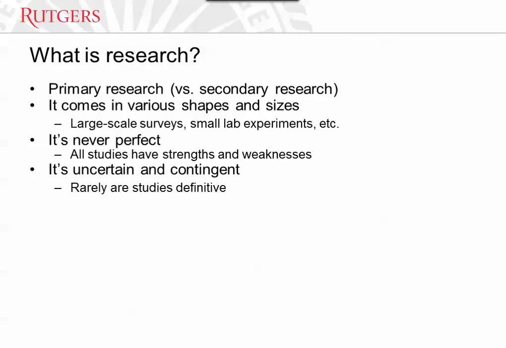Research is often uncertain and contingent. Just because a study has been done doesn't mean that we know for certain that the results are completely clear and unambiguous. There are always uncertainties. There are statistical uncertainties. There are uncertainties about cause and effect. And that's just a characteristic of research evidence, that it comes with a certain dose of uncertainty that we have to take into consideration.